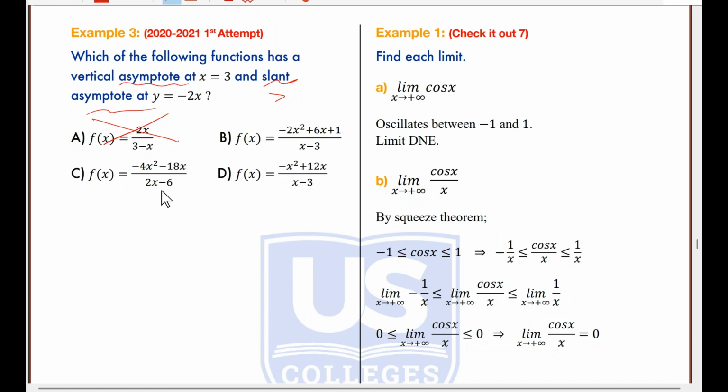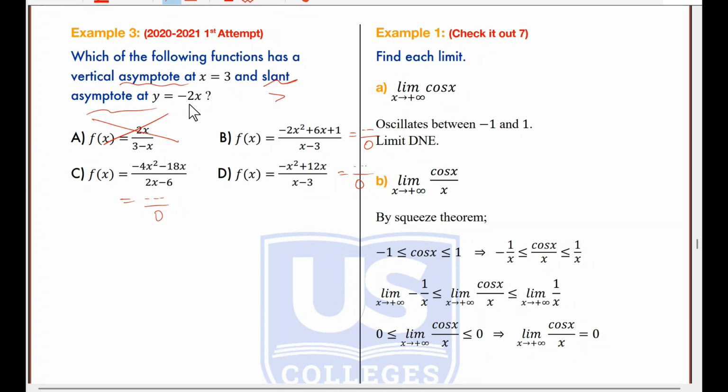It's x equals 3. In option C, when you insert 3, you're going to get something over 0. Yes, it gives you a vertical asymptote. Option B, substitute 3, you get a number over 0. Option D also a non-zero number over 0. So all three options have the same vertical asymptote at x equals 3.